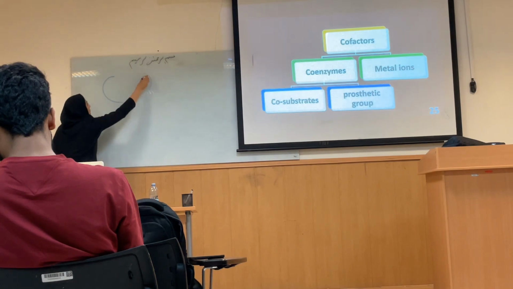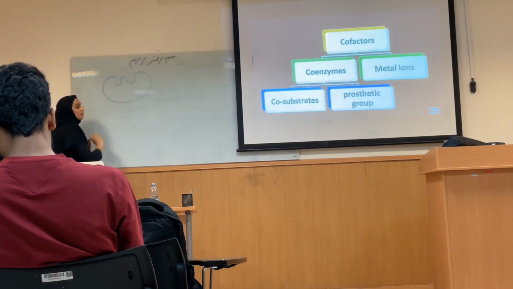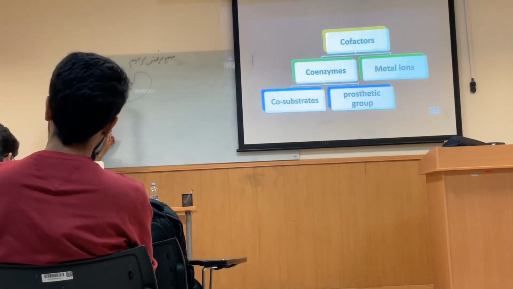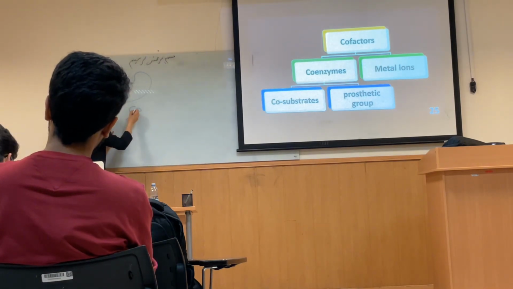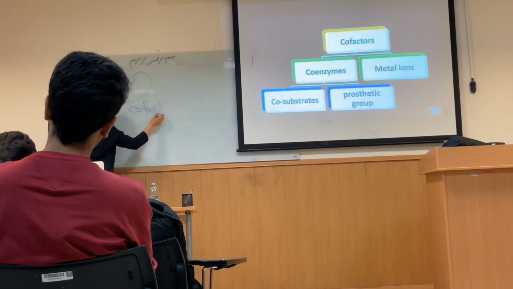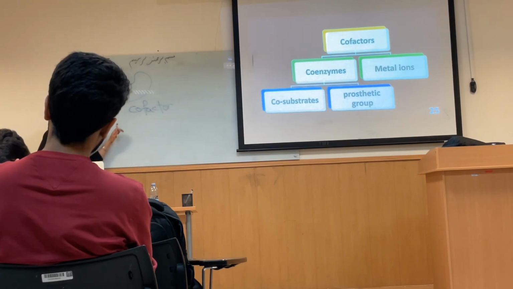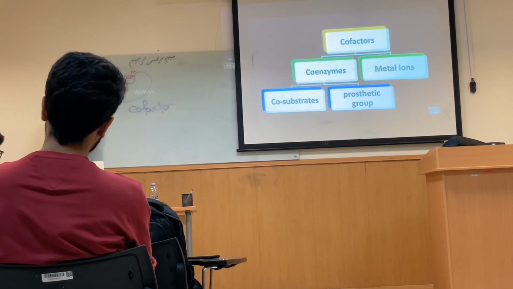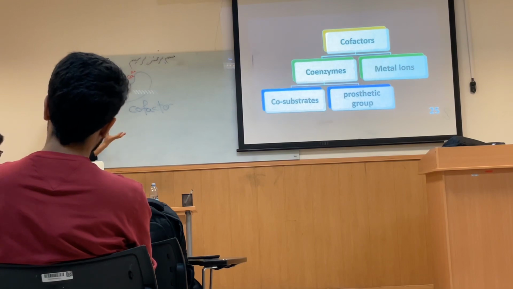This is our enzyme. Okay? For working, it needs something that we call a cofactor. This cofactor can be some metal ions. For example, maybe it is calcium, which we have in the clot activating system. Do you know about clot activation and clot formation?